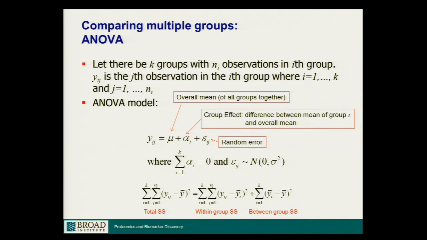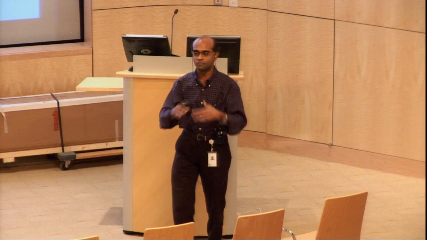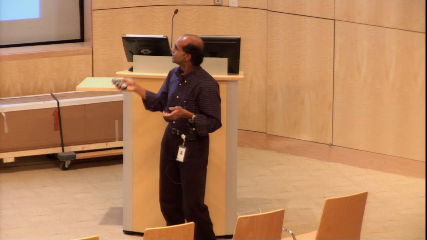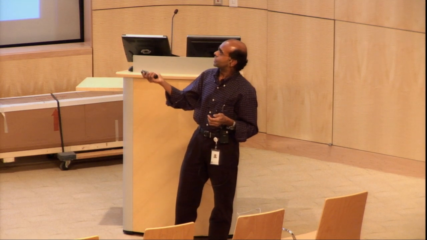For the next term here, you separate the groups and you calculate the mean. And then what this test does is it says, okay, how different is my overall mean from each of the group means? Is any of the means significantly different from the overall mean? If it is, then there is a statistically significant difference in one of the groups. So the F test is based on this.